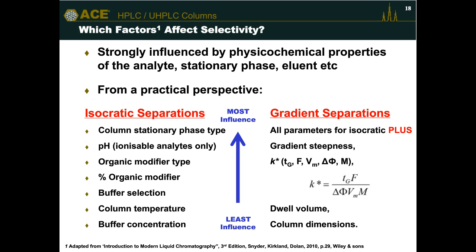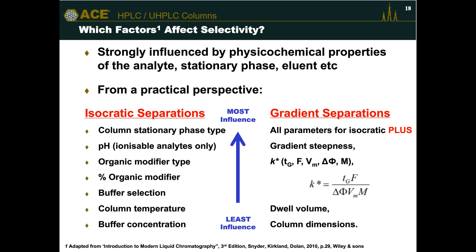That's the buffer of the mobile phase that you choose. Make sure you do choose a buffer. The type of organic modifier has a big influence. You can see significant changes in selectivity if you move between acetonitrile and methanol, for example, especially if there's some pi-pi interactions with the column. And then other factors affecting the selectivity are the percentage organic modifier, the choice of buffer, the temperature, and the concentration of the buffer for an isocratic method.